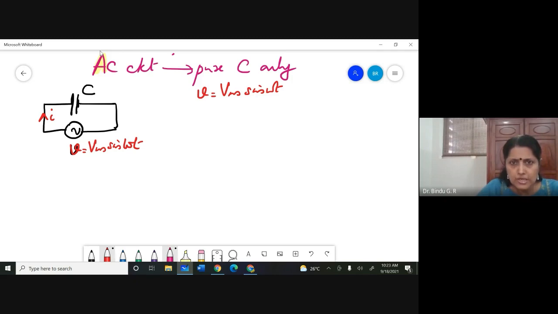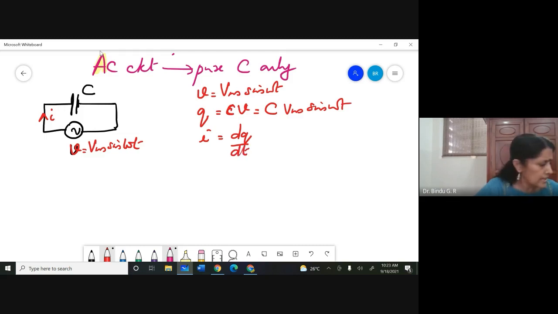In the case of capacitance, we are more concerned with charge. So Q is equal to CV, that we know, or that is equal to capacitance C into small v, Vm sine omega t. Now we cannot restrict our discussion to Q. Instead, we want the circuit current I, which is equal to dq by dt, or d by dt of C Vm sine omega t.